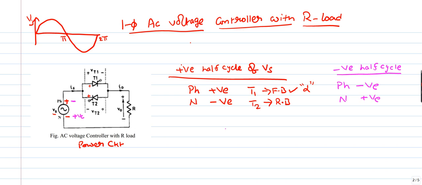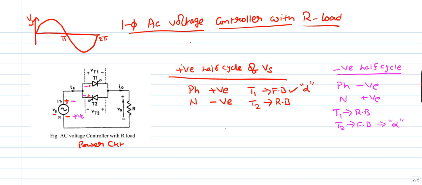So this minus is applied at the anode of T1 and the cathode of T2, so that T1 will be in reverse blocking mode and T2 will be in forward blocking mode. So I can give a triggering pulse to T2 under these conditions.